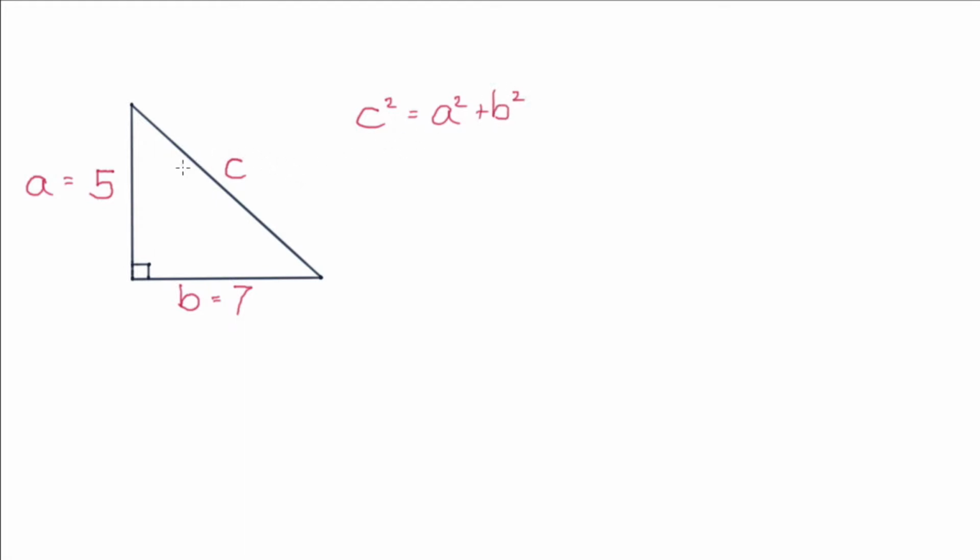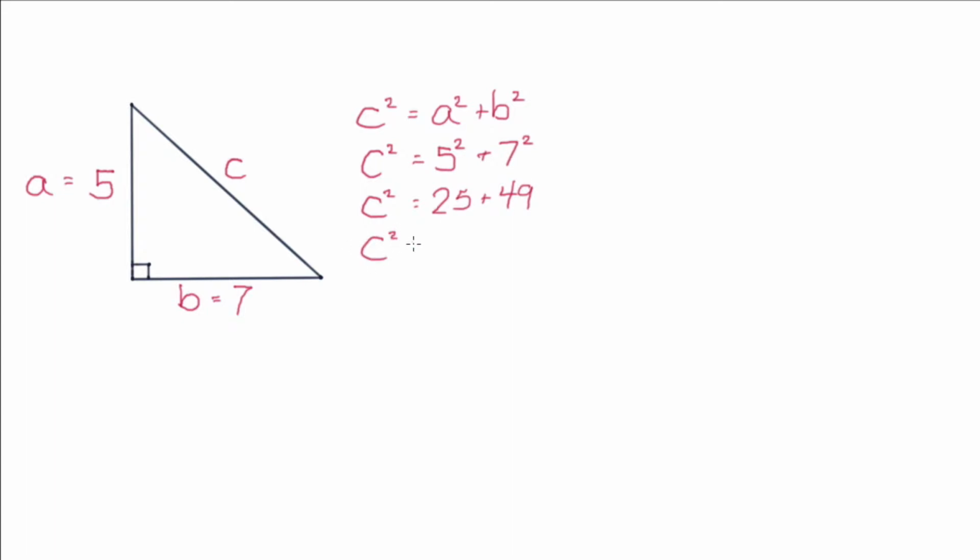We will continue by substituting our known numbers in for our variables. So we don't know what c squared is, so leave that as c squared. We do know that a is 5 units, so 5 squared, plus b is 7 units, plus 7 squared. As we continue, we have c squared equals 5 squared, or 25, plus 7 squared, or 49.